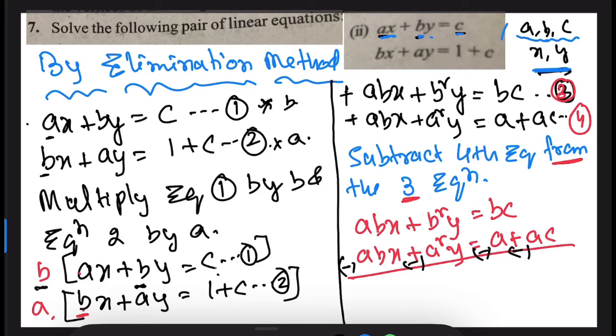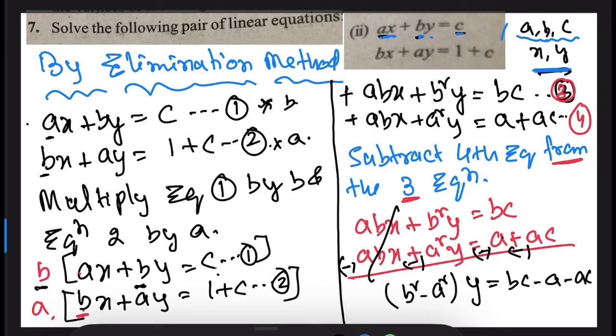Now this one gets cancelled. Got it? Now b square, y is common: b square minus a square y equals bc. Here nothing will get cancelled, so minus a, then minus ac.